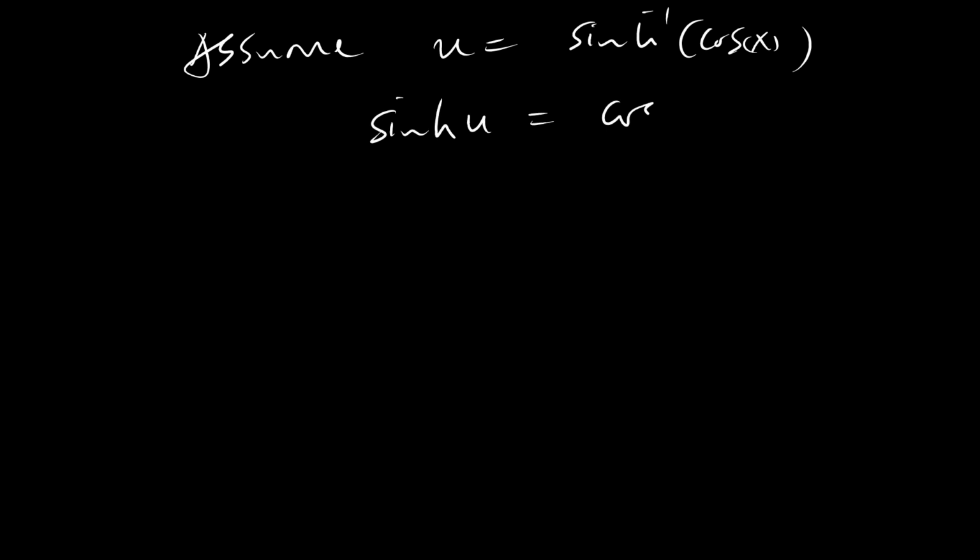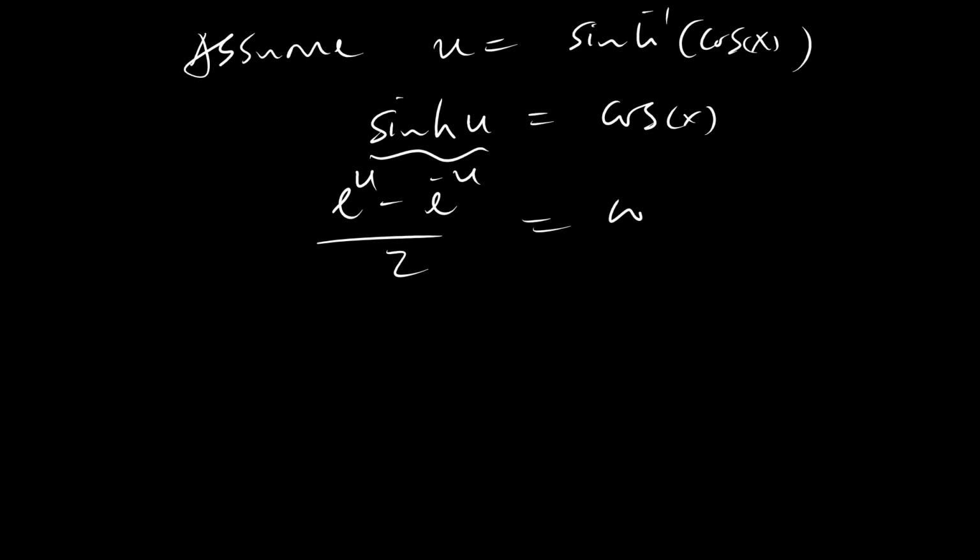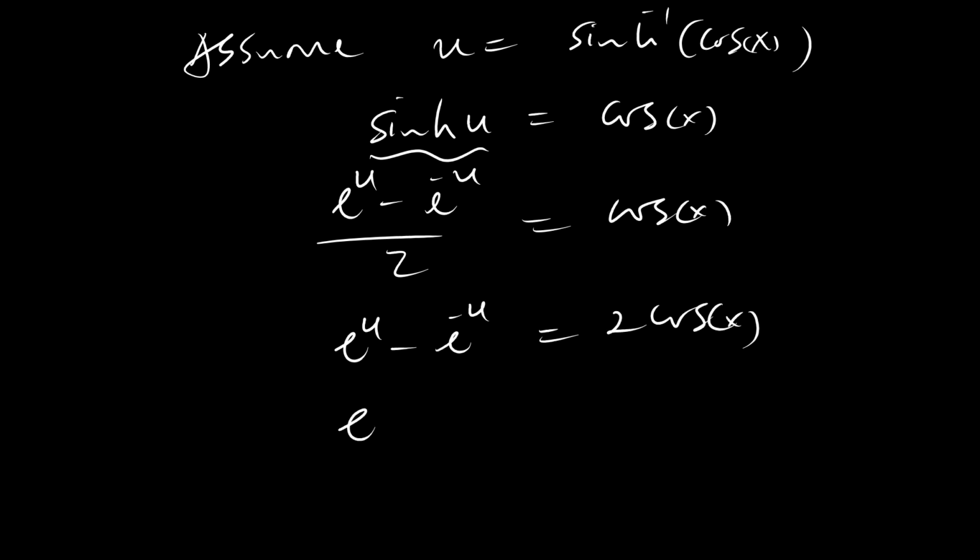such that sinh u is equal to cosine of x, and sinh u is the same as e to the u minus e to the negative u over 2, which is cosine of x, meaning that e to the u minus e to the negative u is equal to twice cosine of x, meaning that e to the 2u minus 1, if we multiply across by e to the u, is equal to 2 e to the u cosine of x.